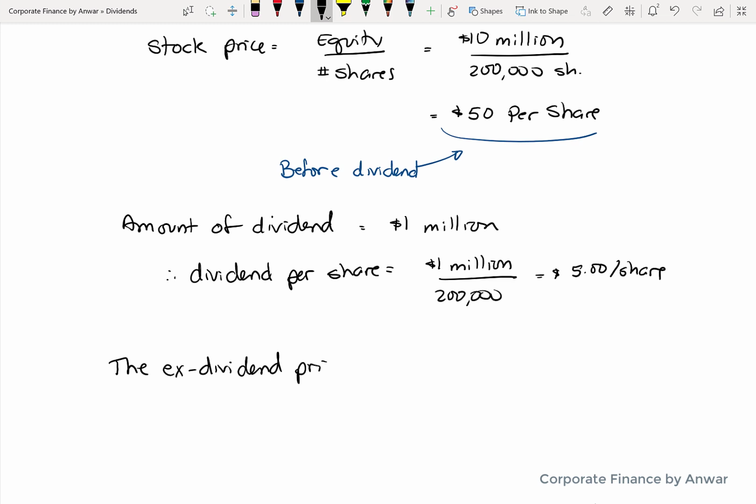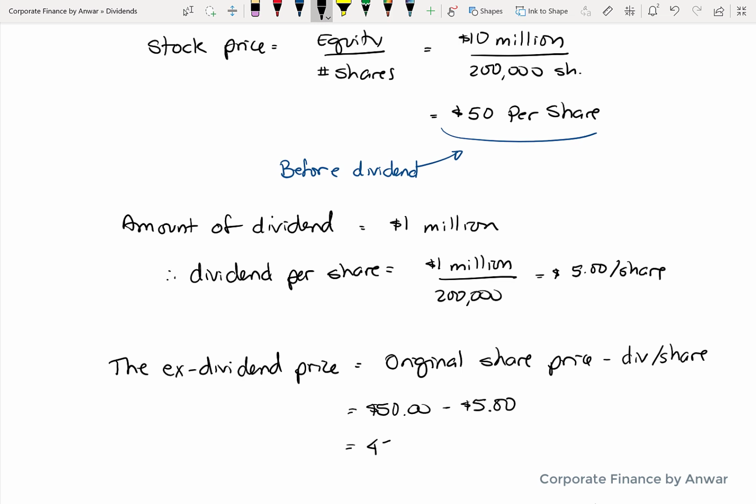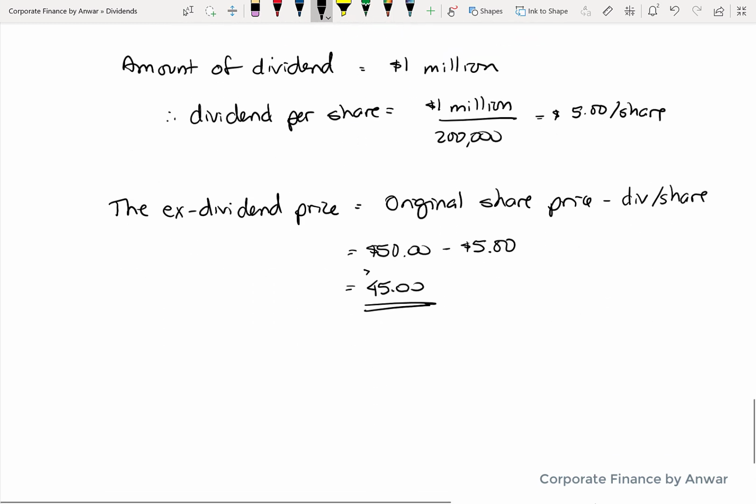As a result, the ex-dividend price, which is the price after the dividend is paid, is going to be the original price before the dividend was paid minus the amount of the dividend. In this case, it's very straightforward. It's going to be $50 minus the $5, and that will give you $45 per share. That is what the company has to trade at.